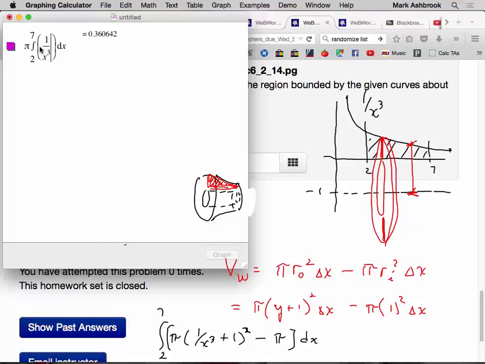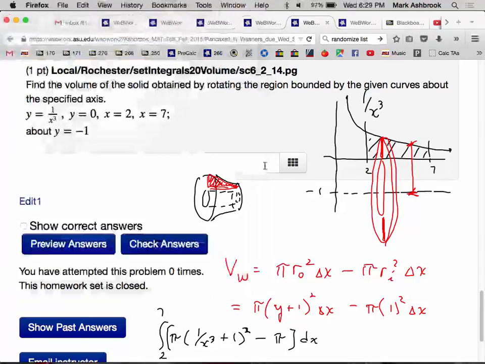Well, let's just see if mine works. Did I do that right? Pi times 1 over x cubed plus 1 squared minus 1. I think that's right. So I think it's 0.74082.